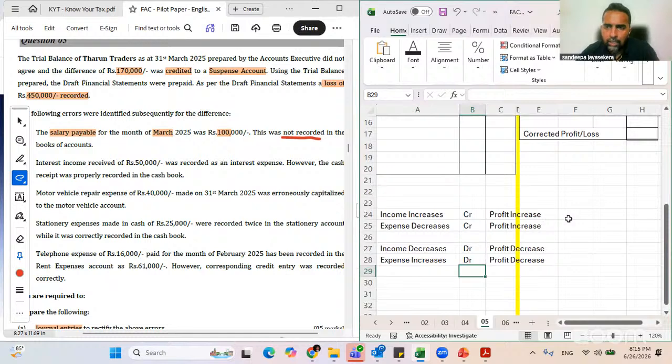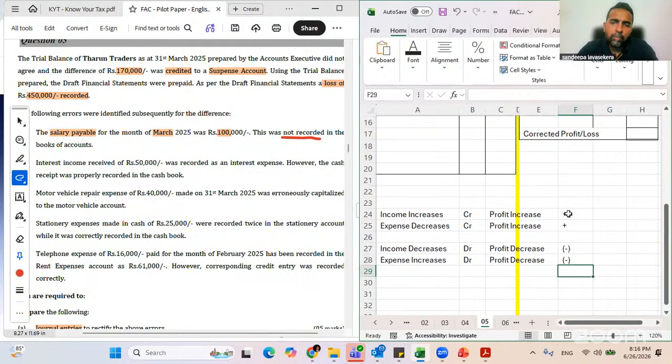So you can clearly see, when an income is increasing, that means it gets credited, the profit will be increased. When expense comes down, the profit will be increased. When an income comes down, the profit will be decreased. When expense increases, the profit will decrease.